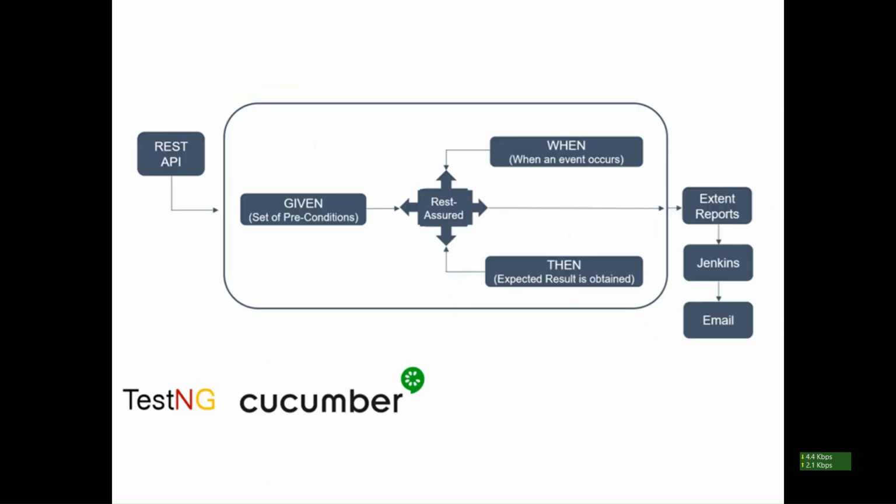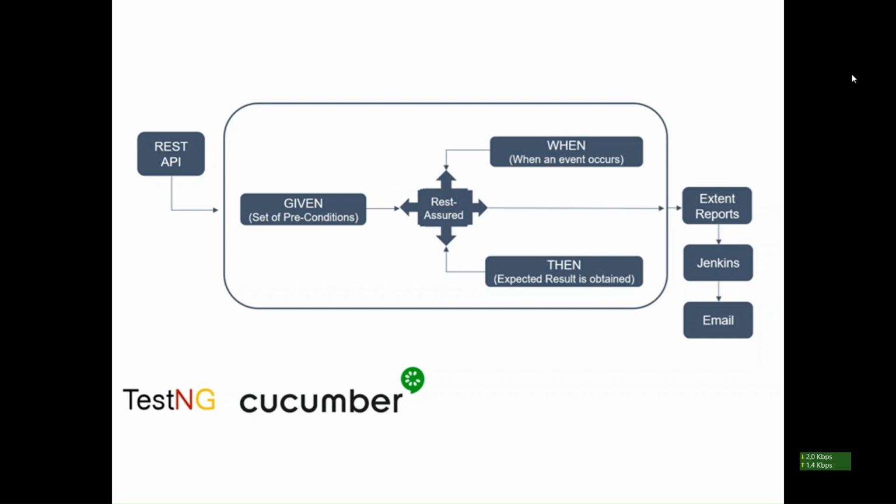Next, we can add TestNG and Cucumber. In the REST API we set preconditions with given, using the BDD framework, and we set the endpoints. The base URI will be set with the help of given, and with the Rest Assured library we set when and then also. When is nothing but the actions: all the four methods, get, post, put, delete, and the resource will be set with when.